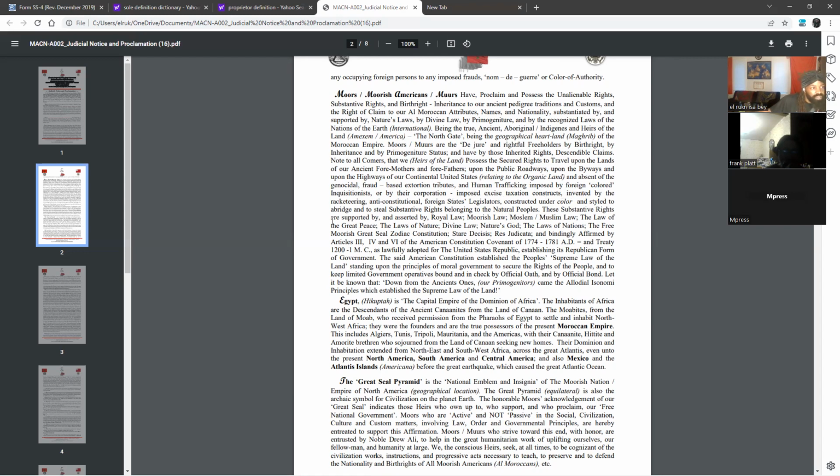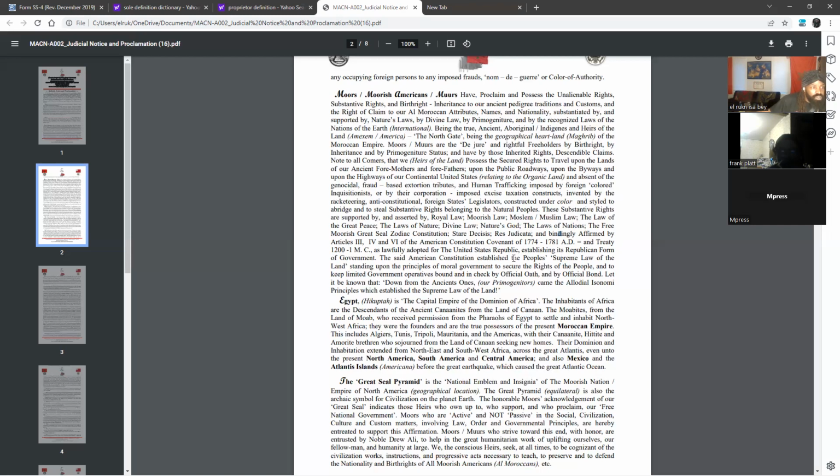These substantial rights are supported by, asserted by royal law, Moorish law, Muslim law, the law of the great peace, the law of nature, divine law, nature's God, the law of nation, the free Moorish zodiac, the free Moorish great seal zodiac constitution, stare decisis, res judicata, and bindingly affirmed by the Article 3, 4, 6 of the American Constitution Covenant of 1774, 1781 AD, and Treaty 1200-1 MC is lawfully adopted by the United States Republic, establishing its republican form of government.